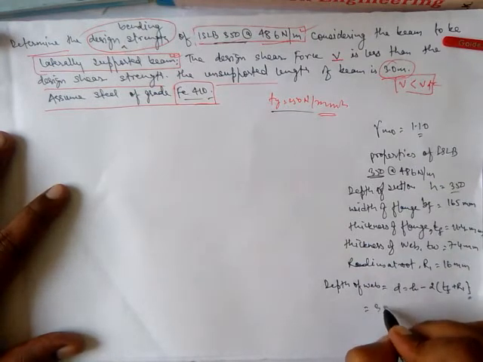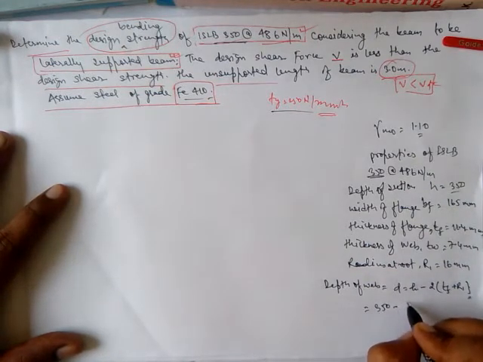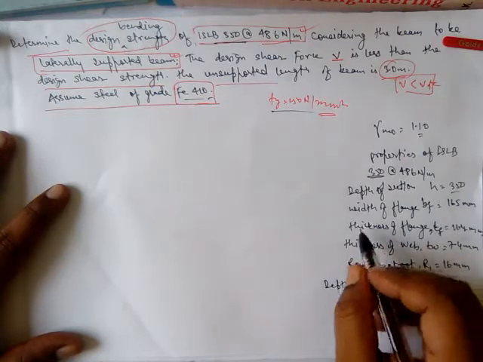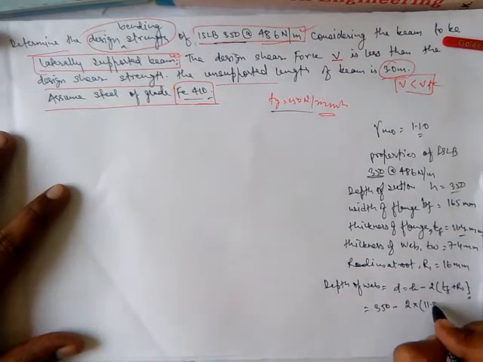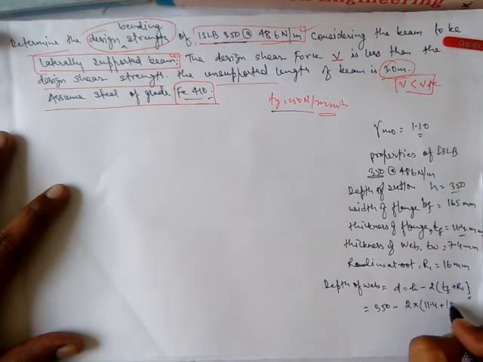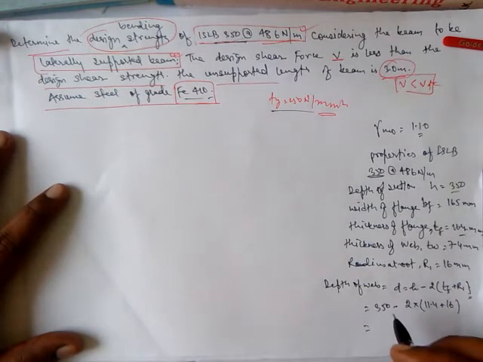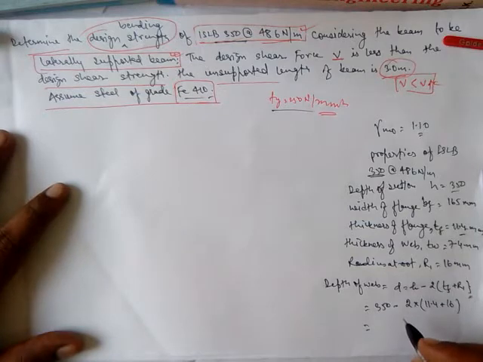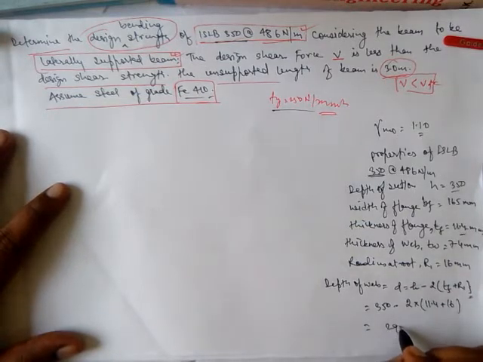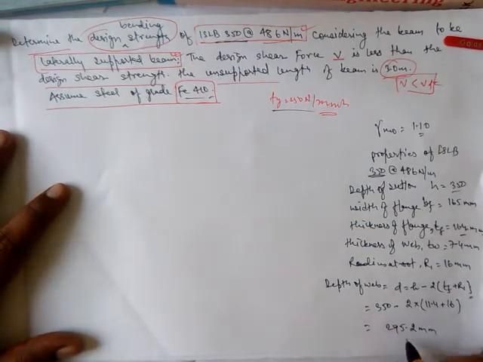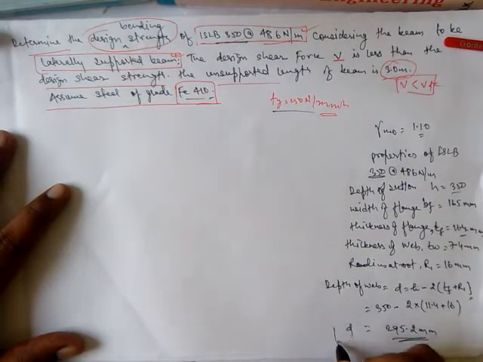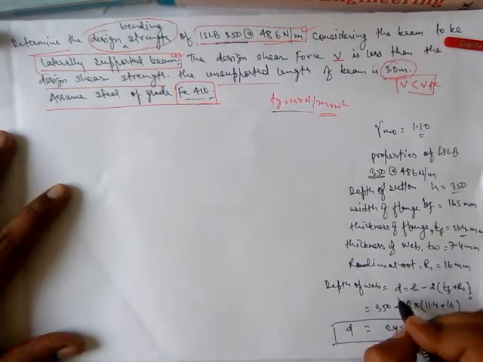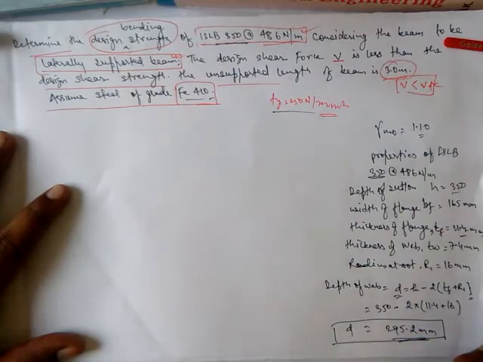So it will be 350 minus 2 into (11.4 plus 16). So this becomes 295.2 mm. So we have calculated the depth of web.